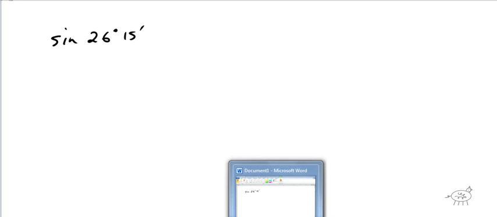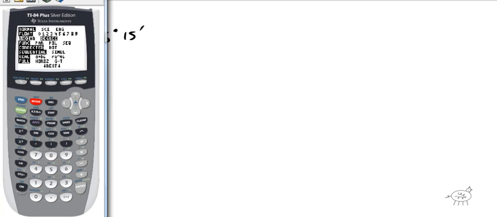All right, so let's do a couple problems using that. If I say sine of 26 degrees 15 minutes. We'll do one with minutes, and then to make it simple I'll just use normal degrees. But sine of 26 degrees 15 minutes, you literally type that in your calculator. Your little brother could do this because it is so easy.